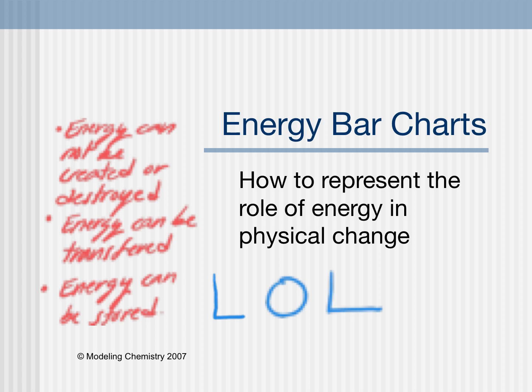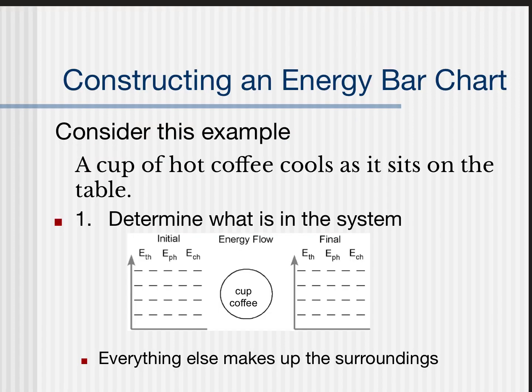I think the best way to really talk about energy is just to jump right into an example. This is a very simple example. Here we've got a hot cup of coffee, and that hot cup of coffee is going to cool as it sits on a table.